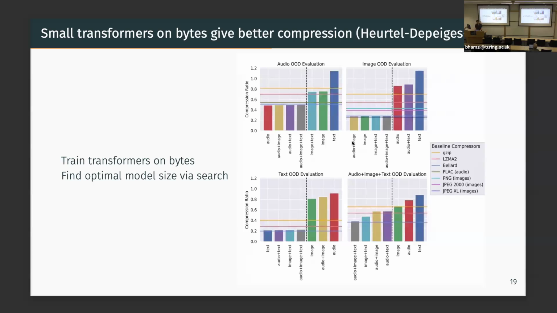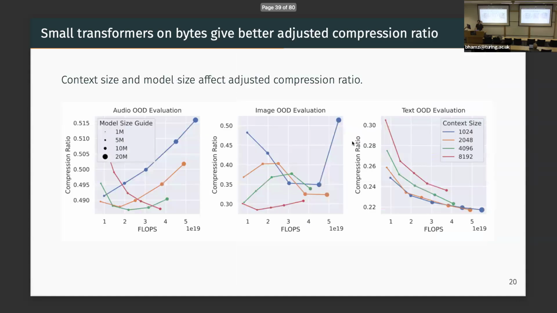So essentially this is the proper compression ratio, right? It's accounted for the model size. And this is the model size we had, from 1 million to 20 million. So they're small, I think, by my standards. Here we can see that for the audio data sets, you can find the sweet spots.